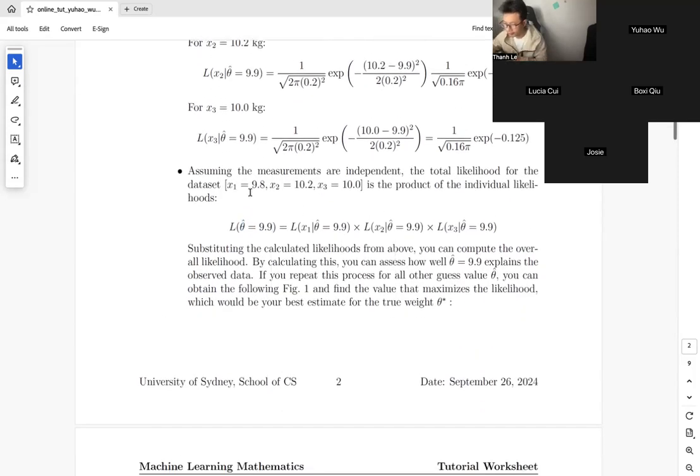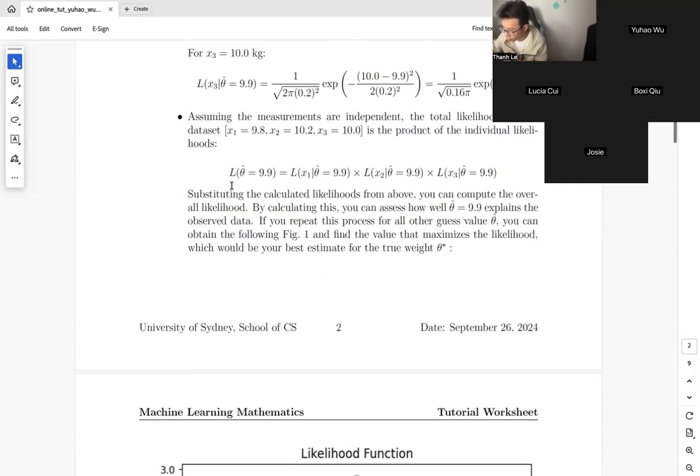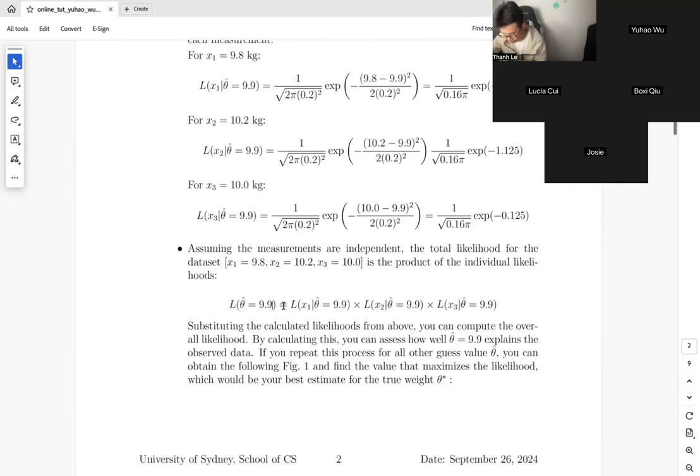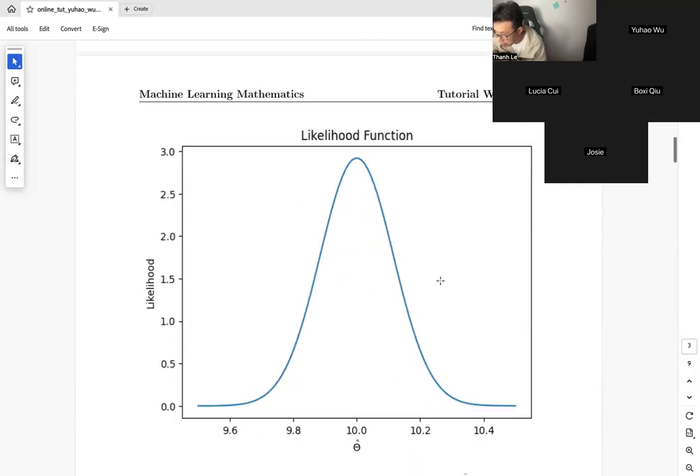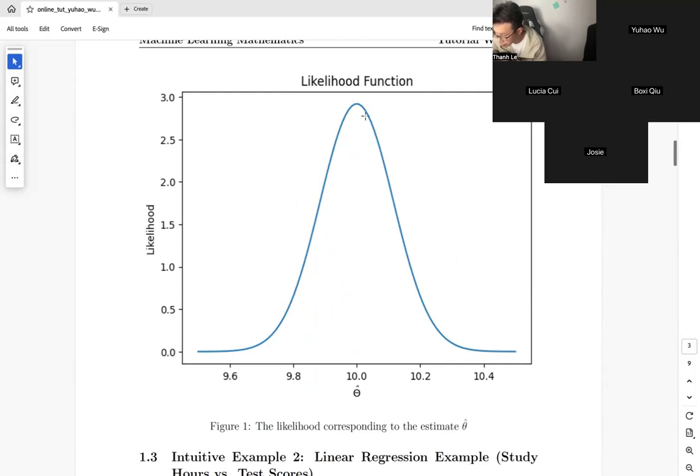Actually, we can guess theta to be any value. For any value, we can use the three observations to calculate the total likelihood and draw a plot like here.